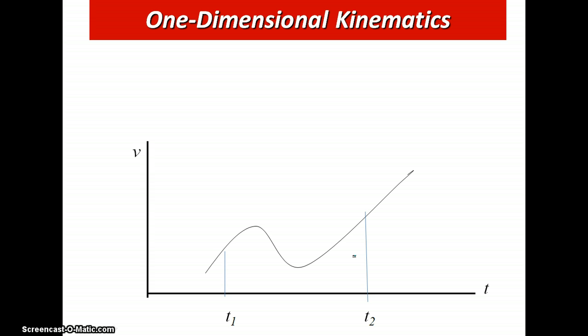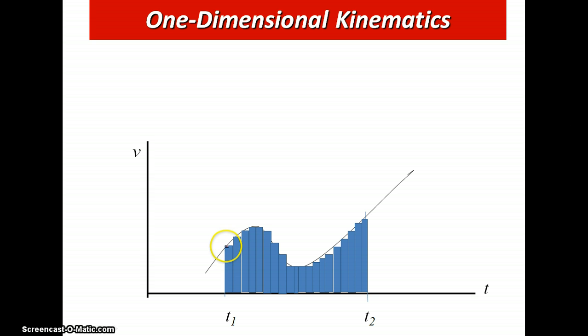We can think of this motion as a whole series of steps of short intervals of constant velocity. In other words, we approximate this curve with a step function that looks something like this, where the object moves at a constant velocity, then another constant velocity, and another, and continues. So it's moving through regions of constant velocity, but the constant velocities are changing.